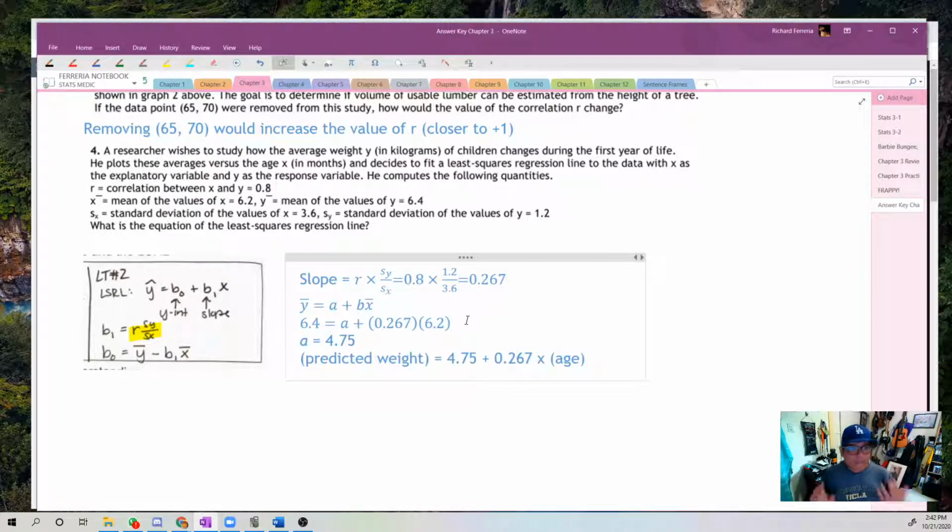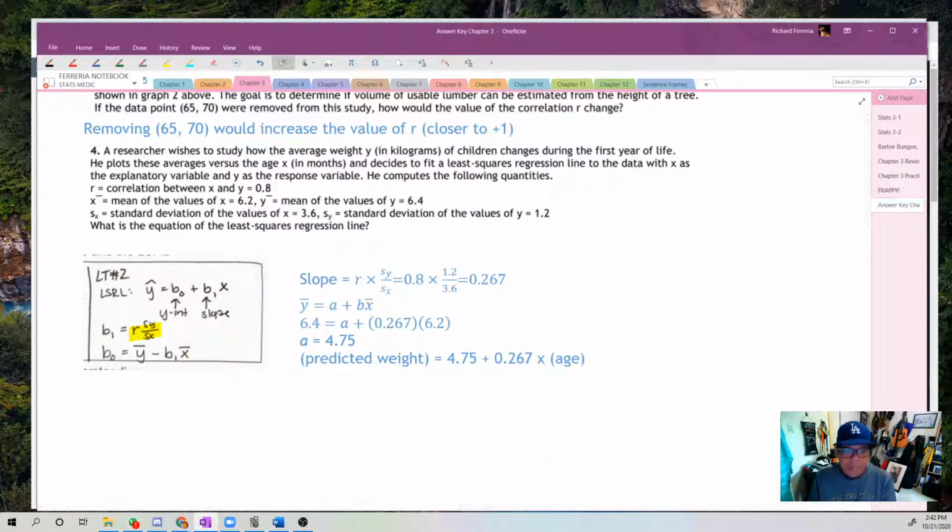We get that a is 4.75 and that the predicted weight is 4.75 plus 0.267 times age. Remember that this business with the words predicted weight and age in the formula is okay for anybody in statistics. Maybe your algebra teacher didn't like it that way, but in statistics, that's just fine.